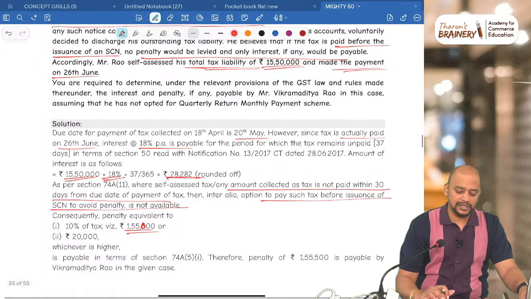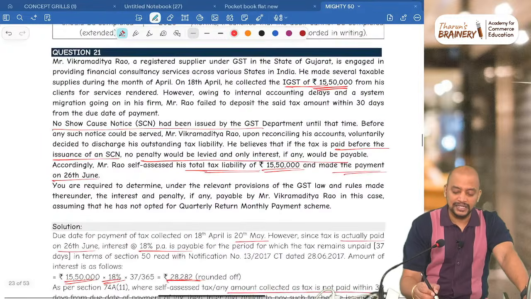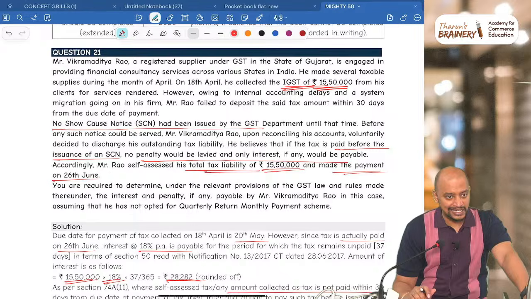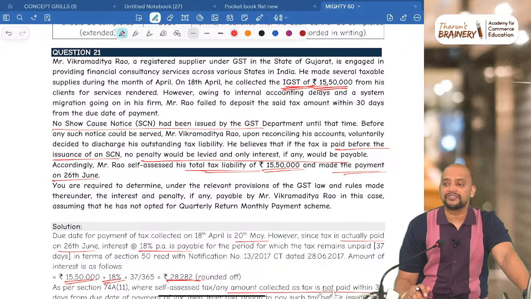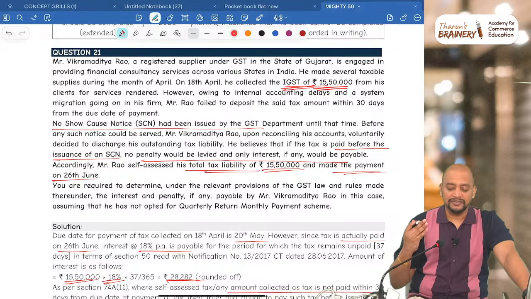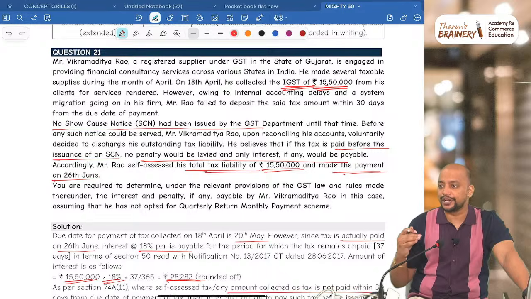Sir, how sir? We are taking 10,000 na sir? This is IGST pa. This is IGST. So what you need to do? You compute as per CGST and then multiply by 2. Then also you will get the same answer. 15,50,000 is IGST. Half is what? CGST. You please see half. 15,50,000 divided by 2.